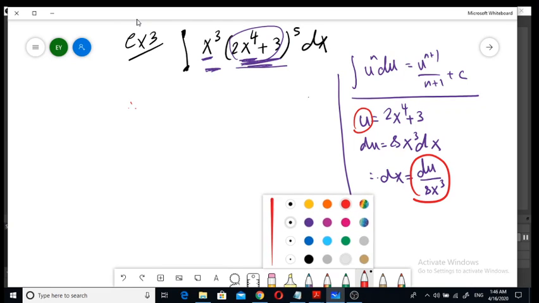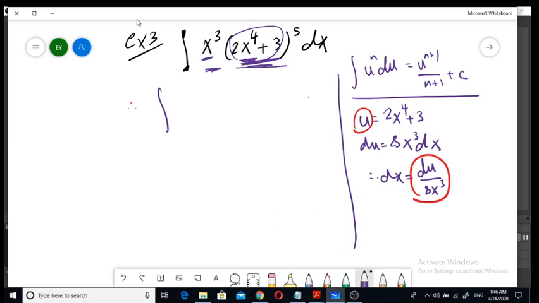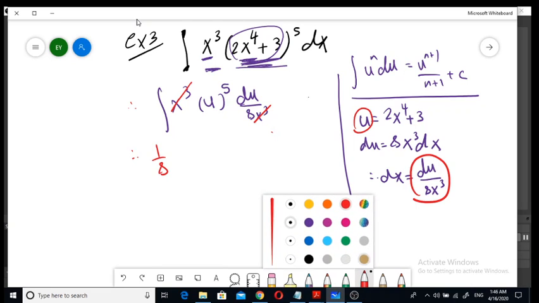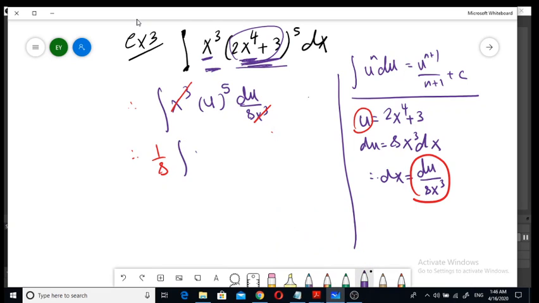Then the integral of x cubed u^5 du over 8x cubed, and easily we can simplify. x cubed cancels with x cubed, and let's move 1 over 8 to the front, then 1 over 8 times the integral of u raised to the power 5 du.